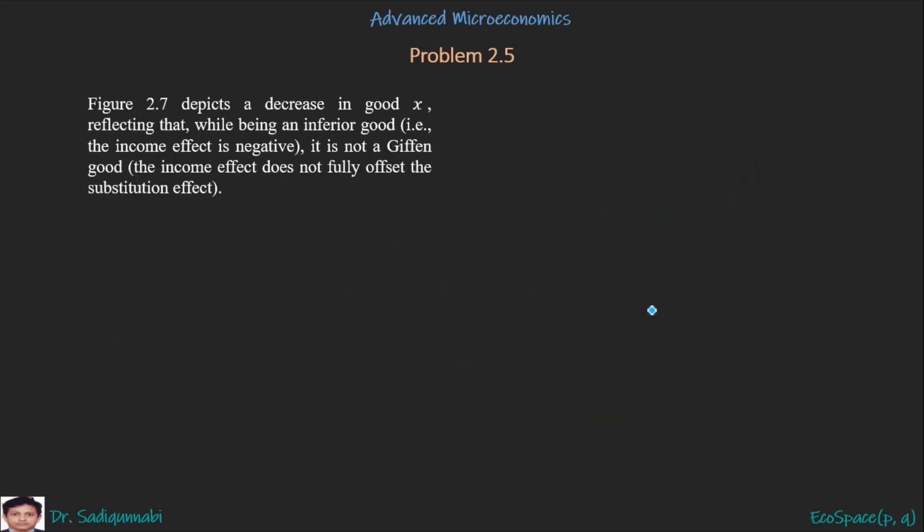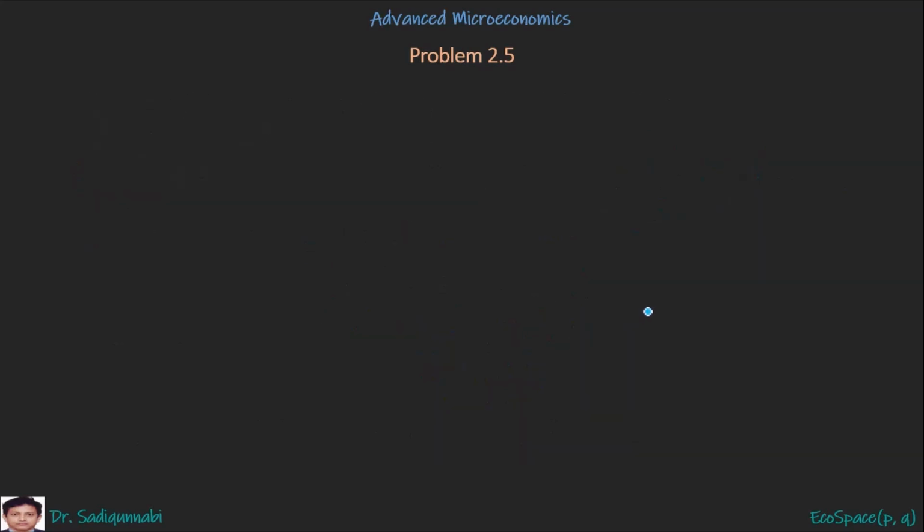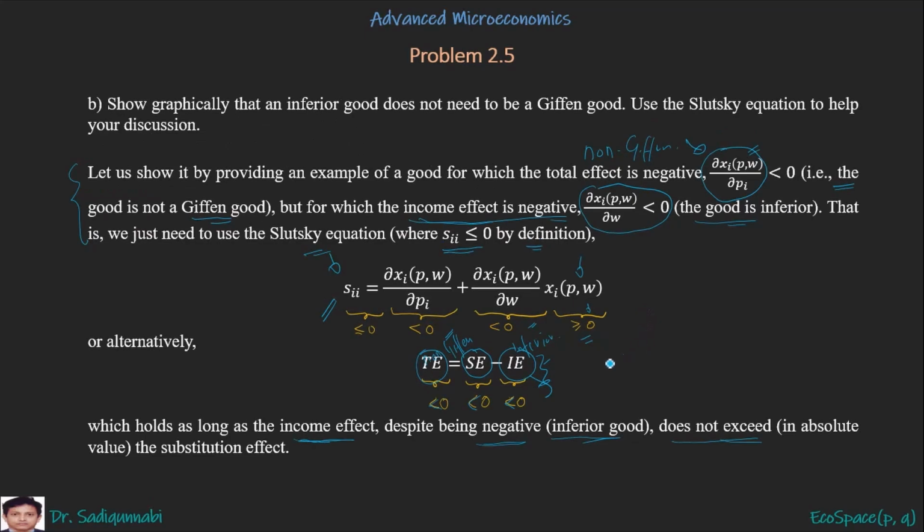Why? Because we see that SE is negative minus IE, so it becomes positive. So if this is less than this in absolute value, then TE must be negative. By the equation we can see.